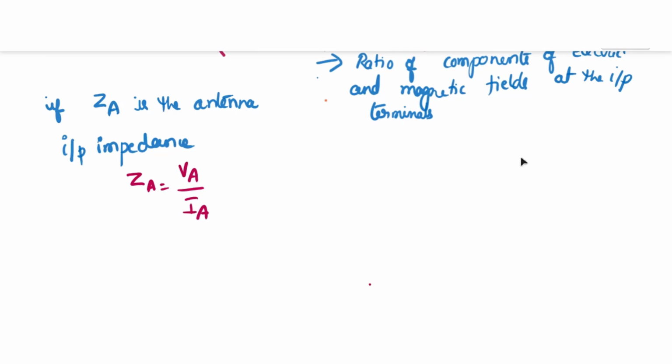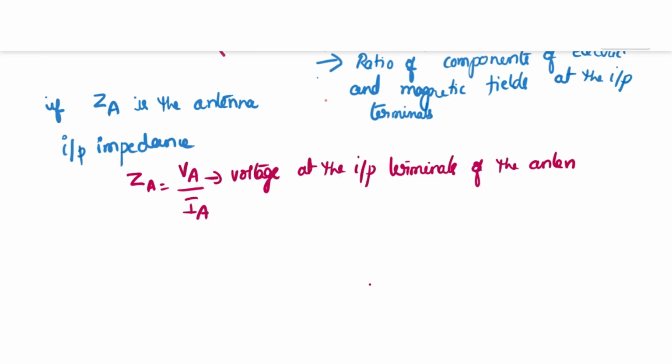VA is nothing but the voltage at the input terminals of the antenna, and IA is the current at the input terminals of the antenna. You can write this ZA as RA plus jXA.